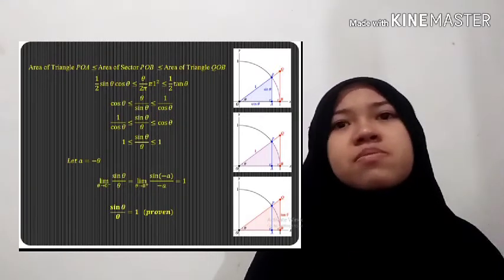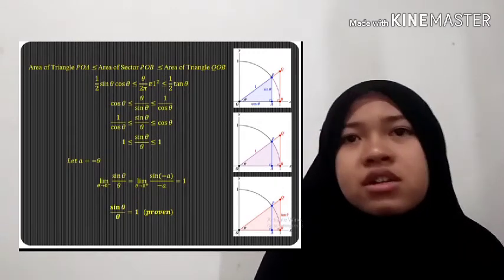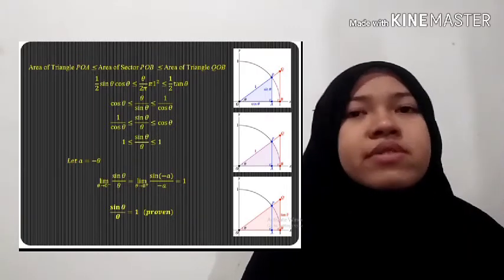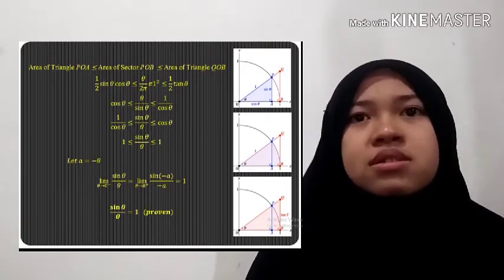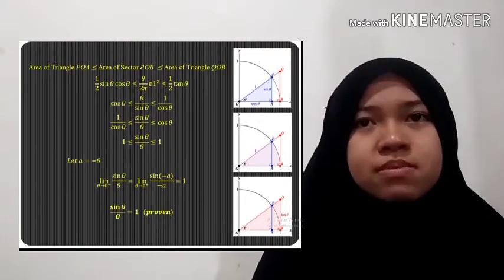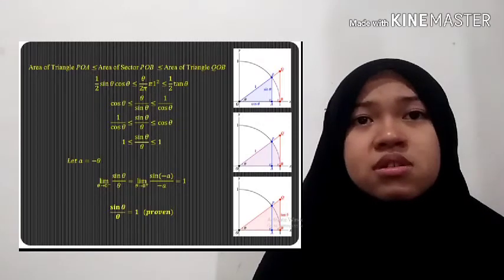If you look at these pictures, we know that the area of picture 1 is less than or equal to the area of picture 2, and the area of picture 2 is less than or equal to the area of picture 3.